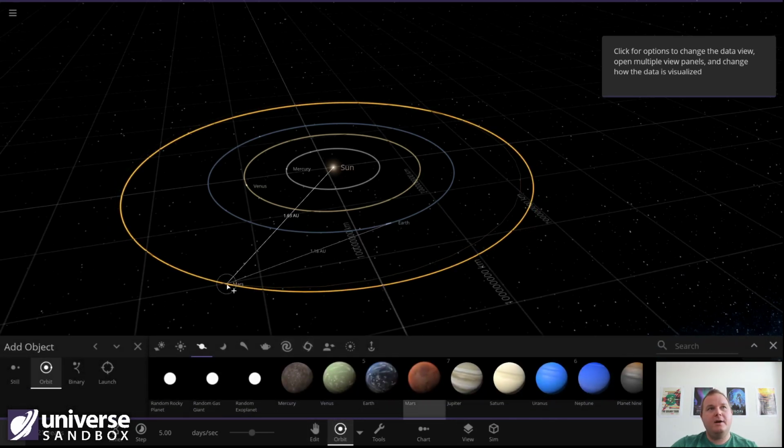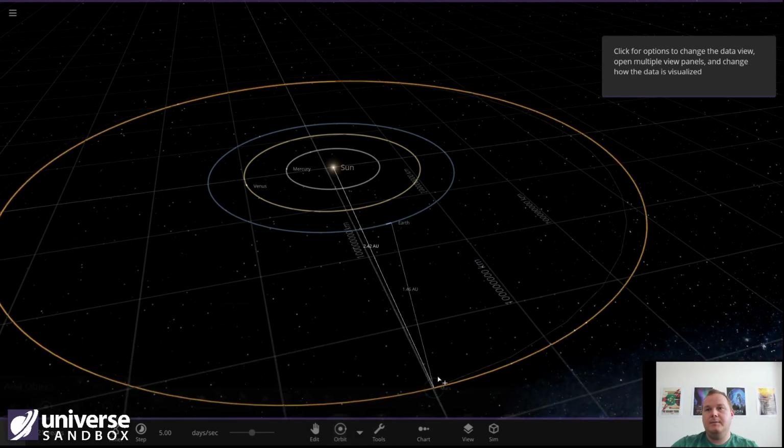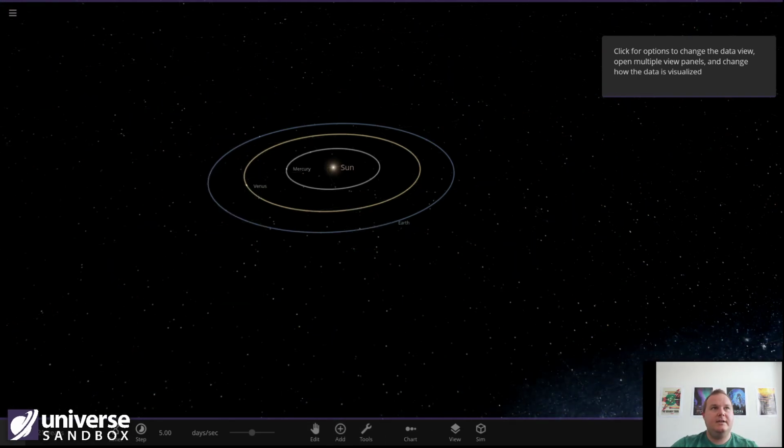Okay, the red planet Mars. Mars is 227 million kilometers. Now I actually have to look at it in astronomical units. So the AU distance from Mars to Sun is 1.52.